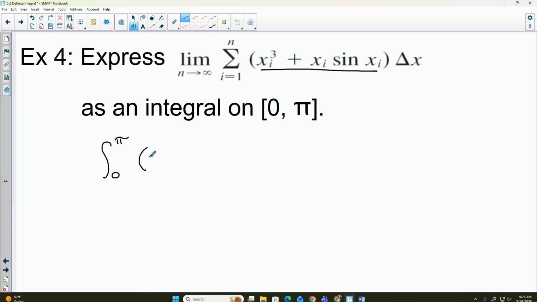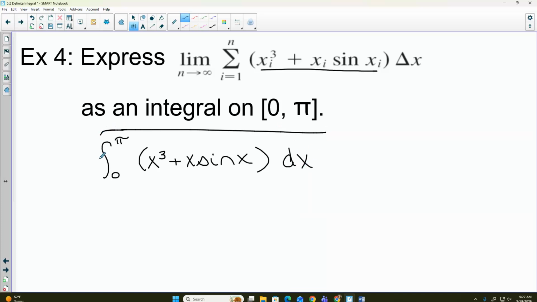So your x is now x cubed plus x sine of x. And change of x becomes? And that's right. All right, I'm stopping here for today.